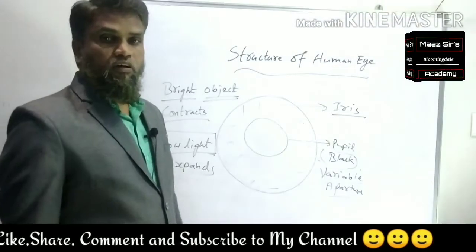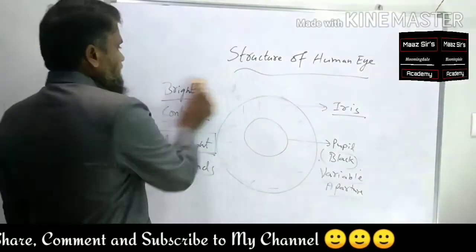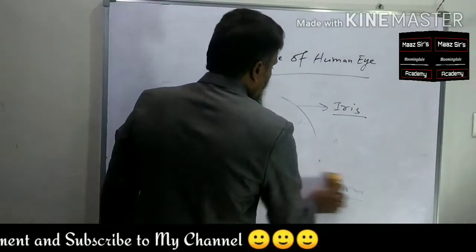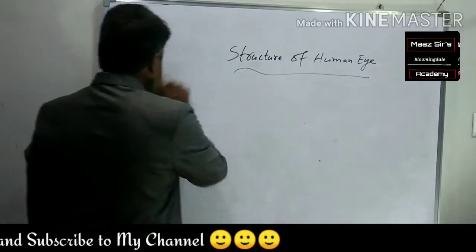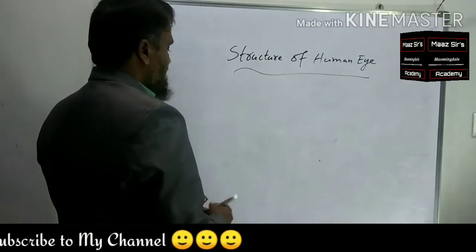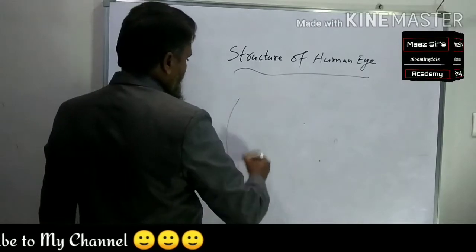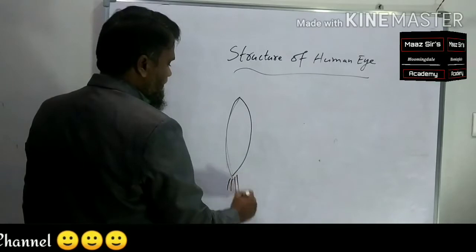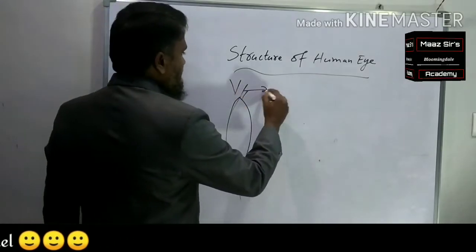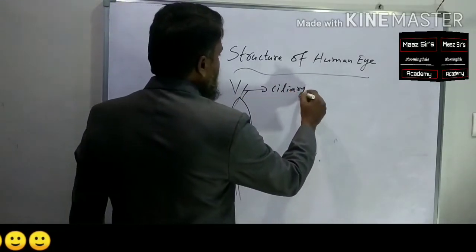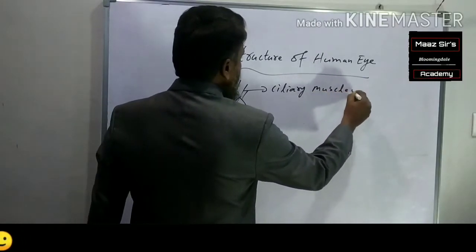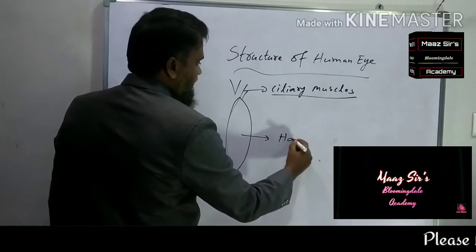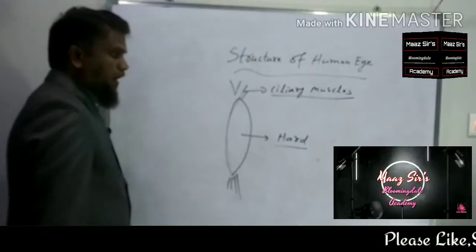So now we will talk about the lens. As I said, a lens is there in our eye. When you see the structure of this lens, it is attached by ciliary muscles, and at the center the lens is hard.